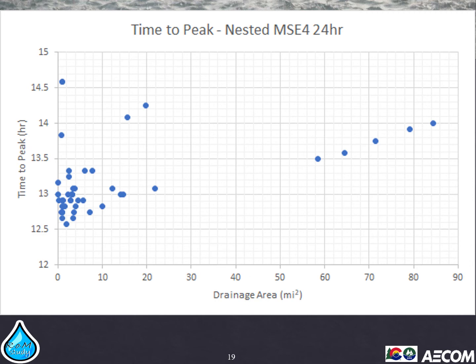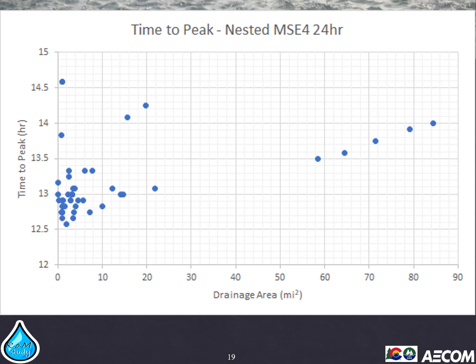So you'll see that for some of the smaller drainage areas, the peak will be observed maybe about 45 minutes after the peak intensity is applied, and then spreading across to perhaps around an hour and a half for the larger drainage areas.